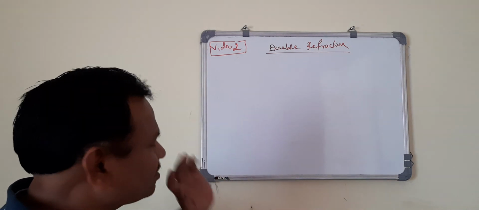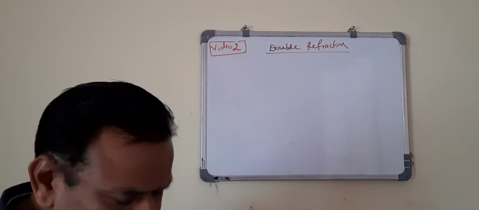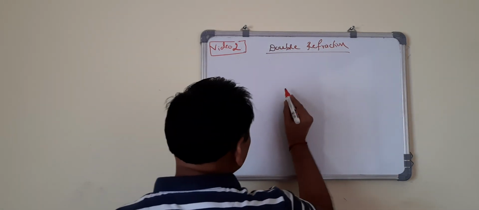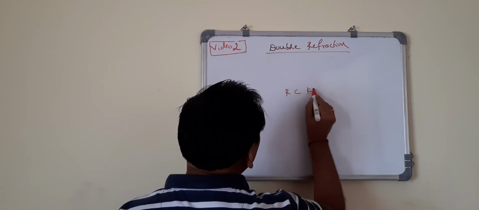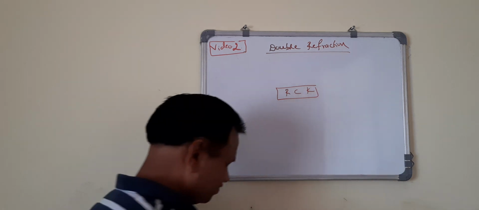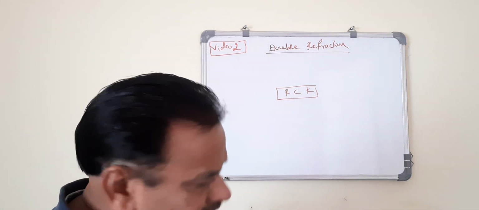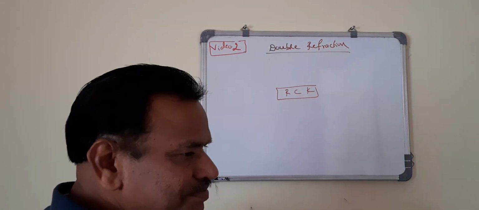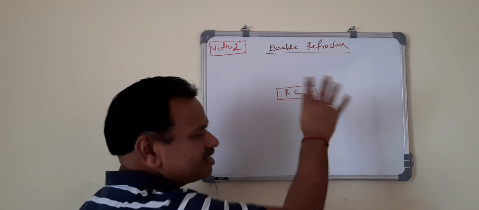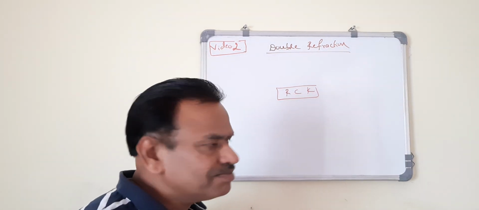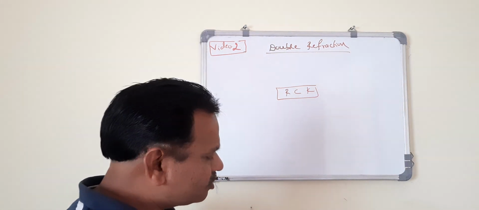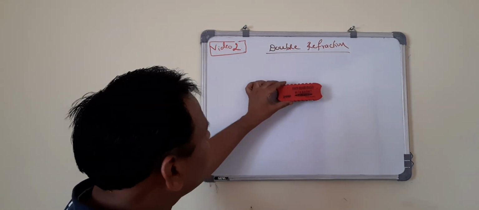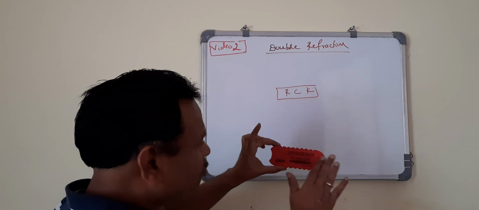What is double refraction? Here, the beauty of the double refraction is first to explain. Suppose I am writing RCK, Kanakpura. Here, put an ordinary glass plate. Then you look at RCK only. But there are some crystals, that is calcite crystal and all that. Assume that it is a calcite crystal. If I put it down, of course, it should be transparent.